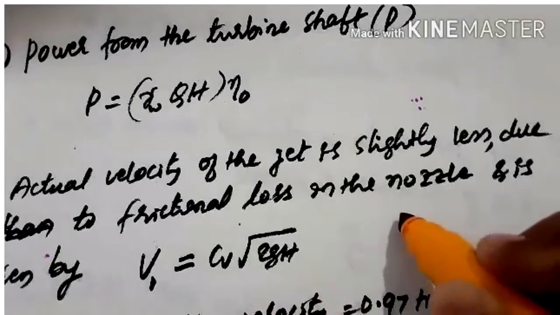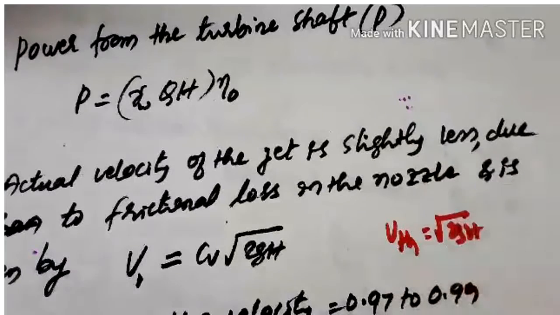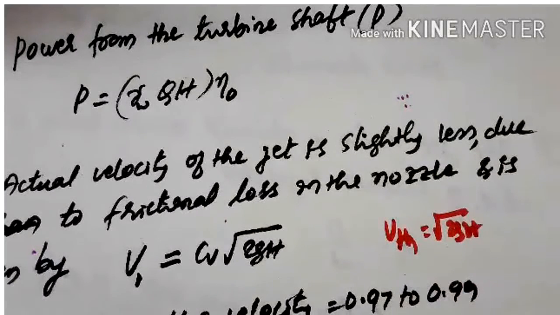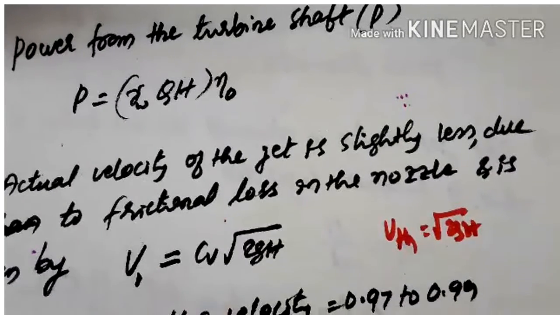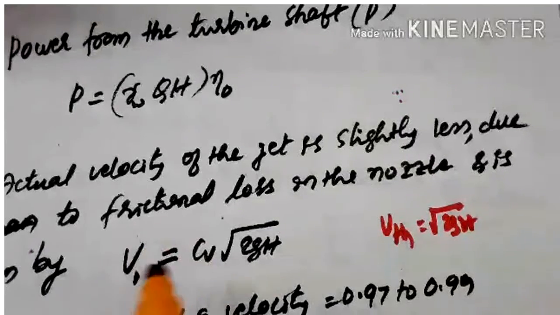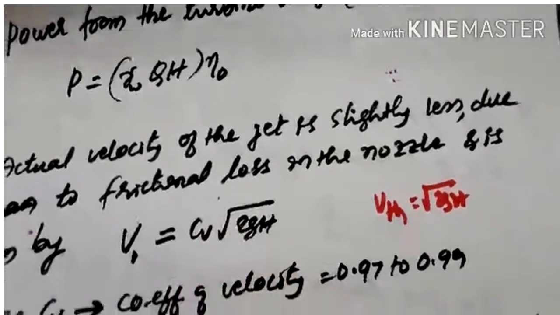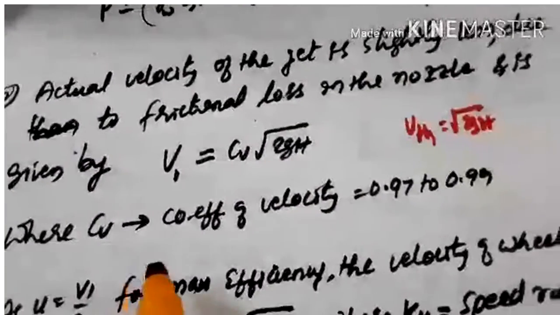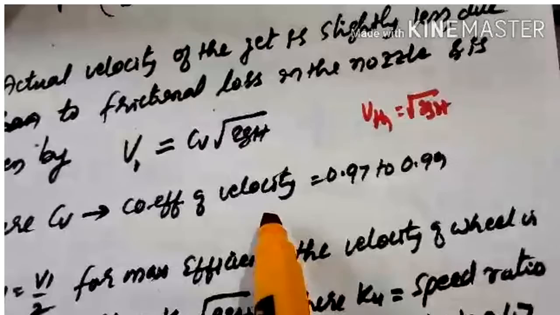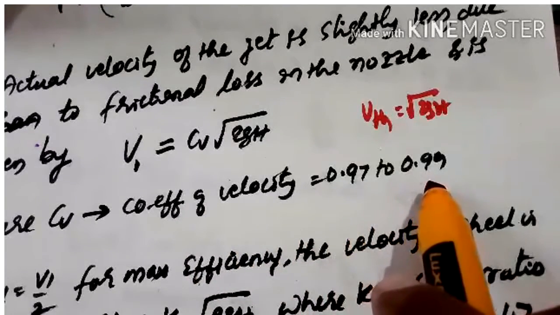We know the theoretical velocity is root of 2GH, but as water flows through a penstock, because of the frictional losses the velocity decreases, so the actual velocity is CV into root of 2GH, where CV represents the coefficient of velocity. Generally it is taken as 0.97 to 0.99.